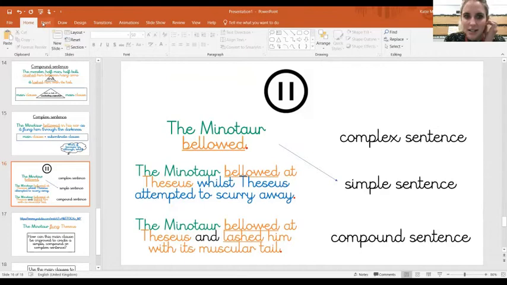My next sentence, the Minotaur bellowed at Theseus whilst Theseus attempted to scurry away. So as the Minotaur bellowed, Theseus attempted to scurry away, which means he tried to escape. I can see a subordinate clause here on my blue card. I can see the subordinating conjunction whilst. So this must be a complex sentence.